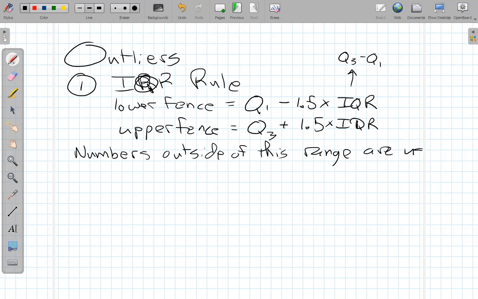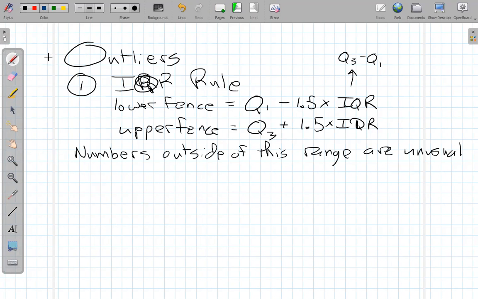And outliers are usually said to be unusual compared to the rest of the pack. So can I spell unusual today? Unusual. So compared to the rest of the group, any numbers outside this range are unusual.